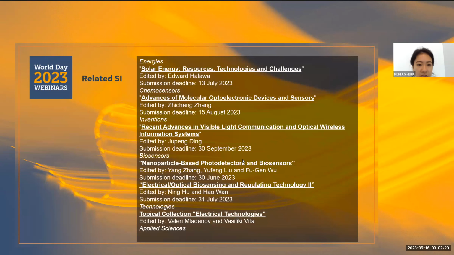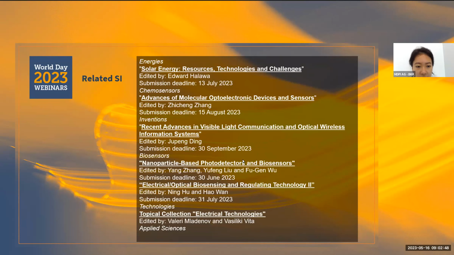And from Inventions, we have recent advances in visible light communication and optical wireless information systems. We have 2 special issues from Biosensors. The first one is nanoparticle-based photodetectors and biosensors. And the second one is electrical or optical biosensing and regulating technology.